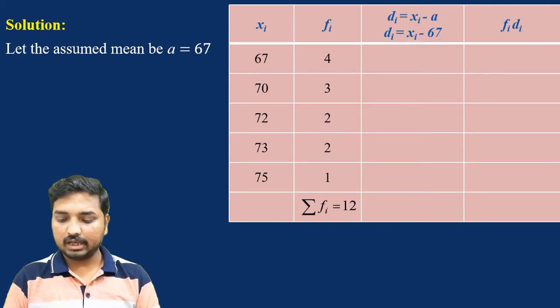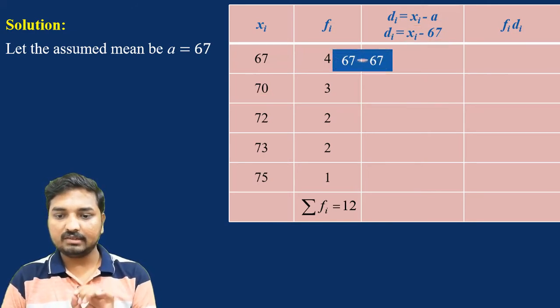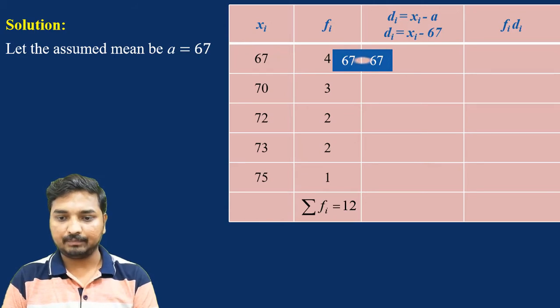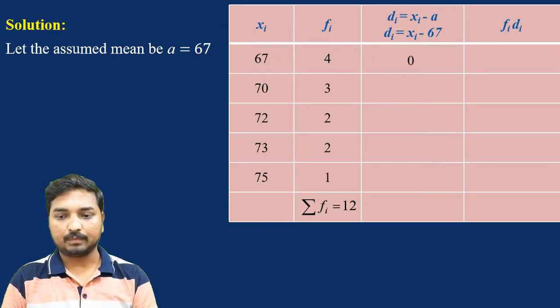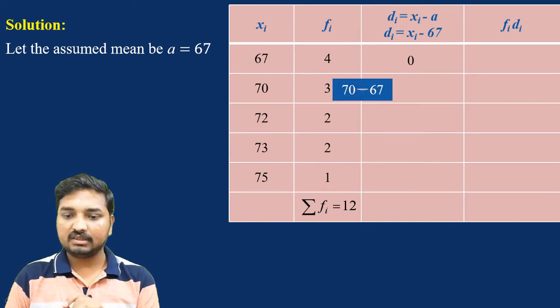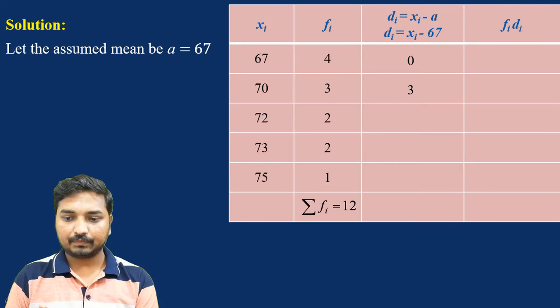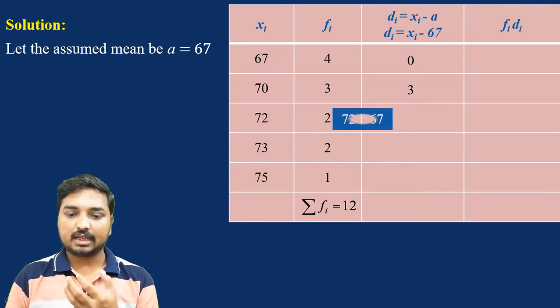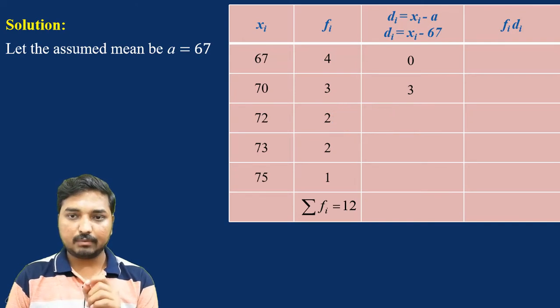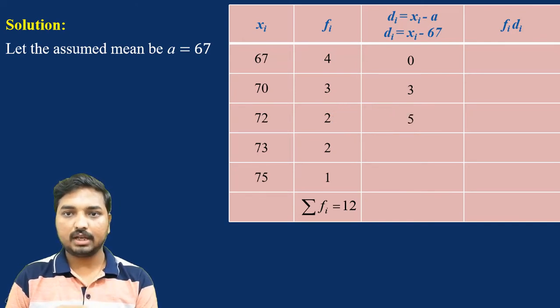Now look here, 67 minus 67 will become 0. Next, the second one, 70 minus 67, will become 3. Next one, 72 minus 67, you will get 5.